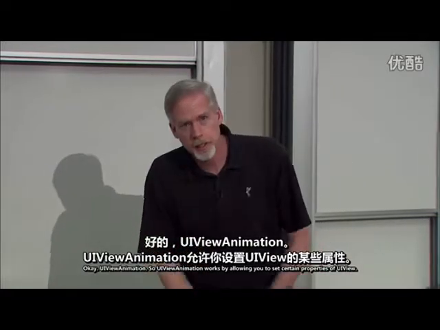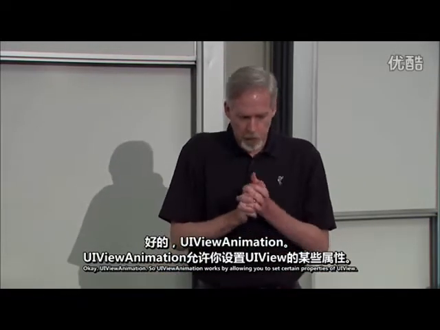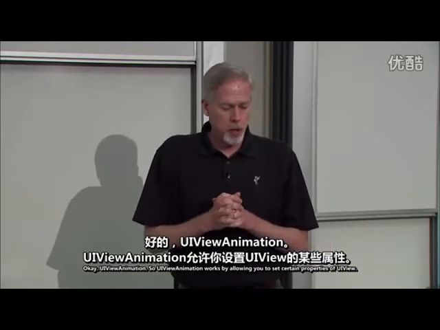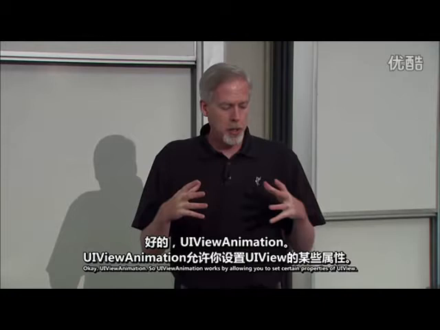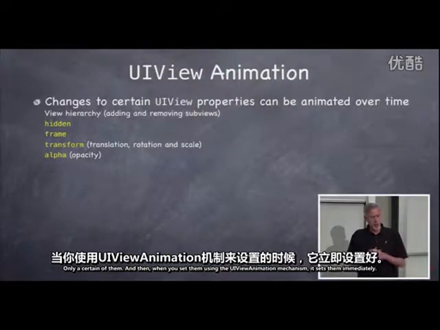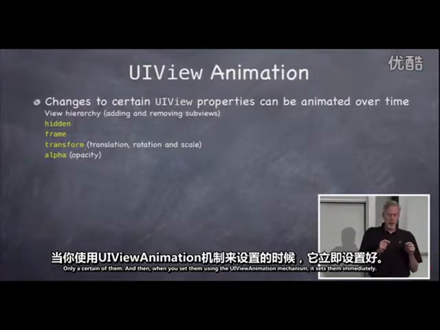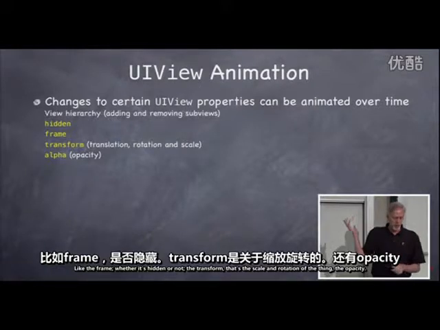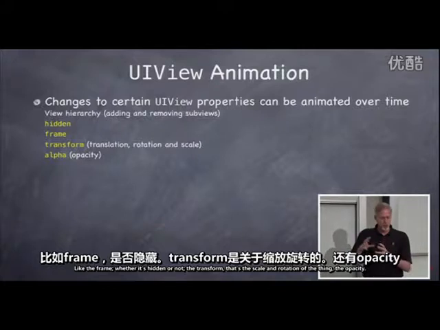Okay. UI view animation. UI view animation works by allowing you to set certain properties of a UI view, only certain of them, and when you set them using the UI view animation mechanism, it sets them immediately, like the frame, or whether it's hidden or not, the transform, that's the scaling and rotation of the thing, the opacity.